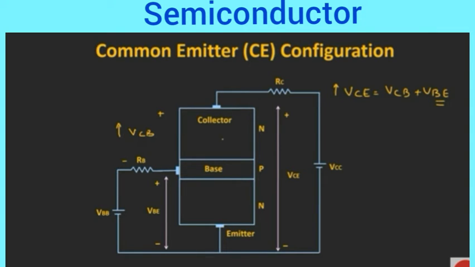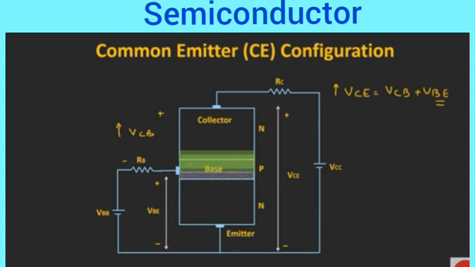And as the value of VCB increases, the reverse bias applied between the collector and base terminal will also increase. So let's say for some voltage VCB, a depletion region is created at the collector to base junction. Now as we increase the value of VCB, this depletion region will get wider.